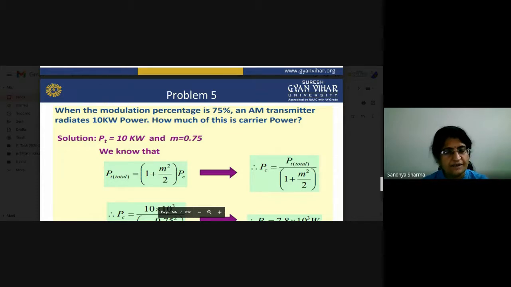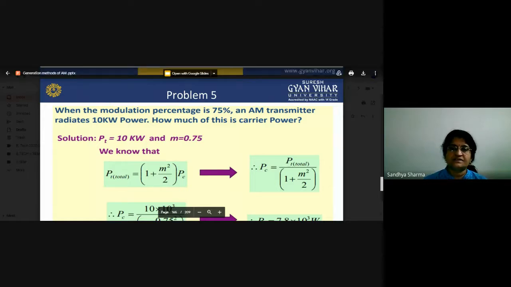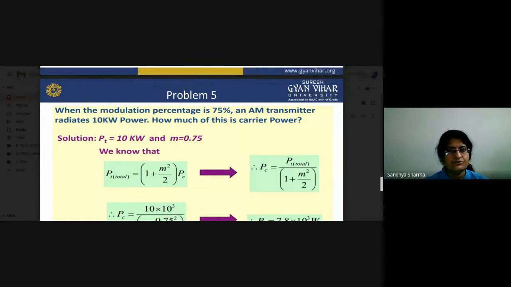If in any question you are given the transmitted power, that power is equal to the total power.